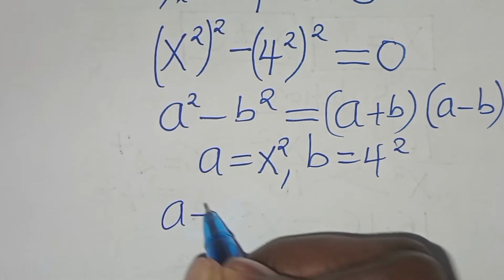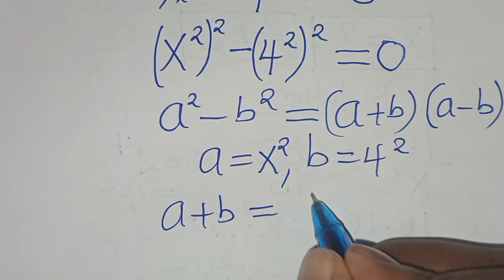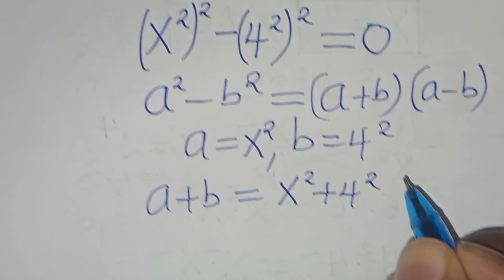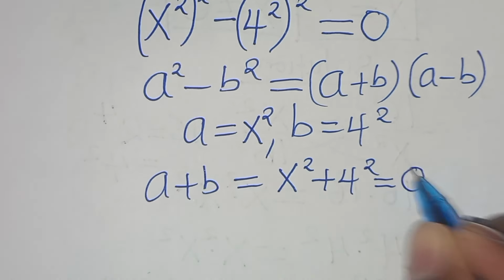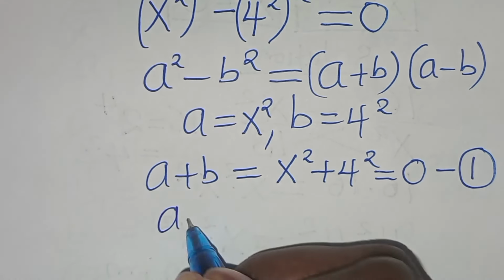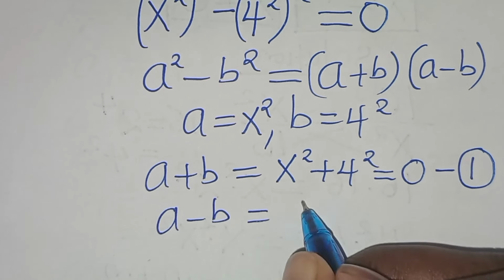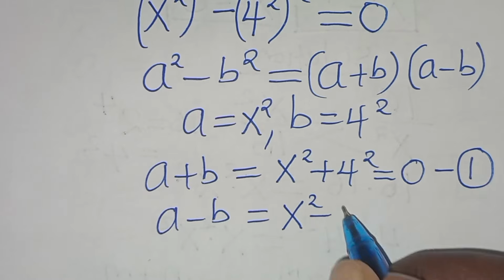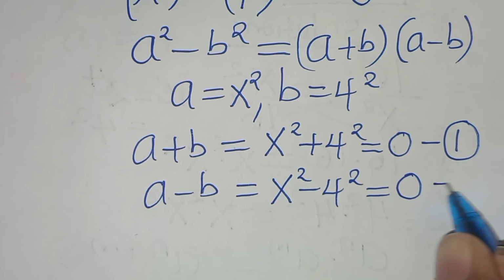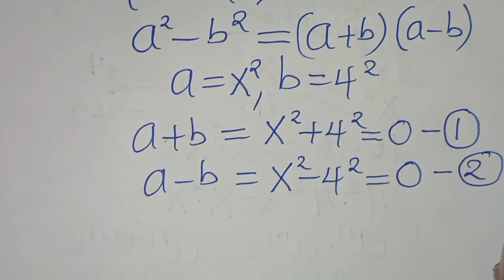So a plus b is x to the power of 2 plus 4 to the power of 2, equal to 0. Let's call this equation 1. A minus b is x to the power of 2 minus 4 to the power of 2, equal to 0. Let's call this equation 2.